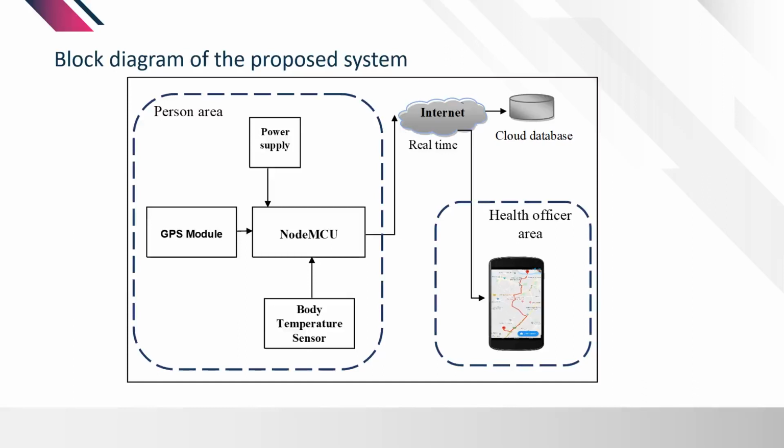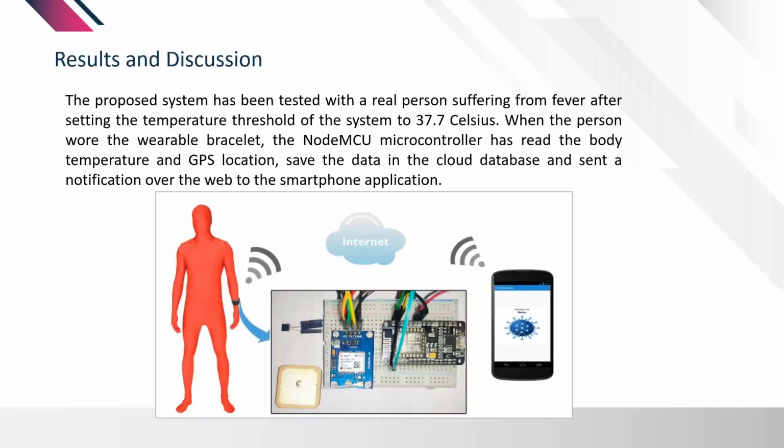Then it transmits the data directly to the internet in real time and stores the data inside the cloud database. And this is the interface for the health officer area, which manages and shows who is infected by the coronavirus and their location at the same time.